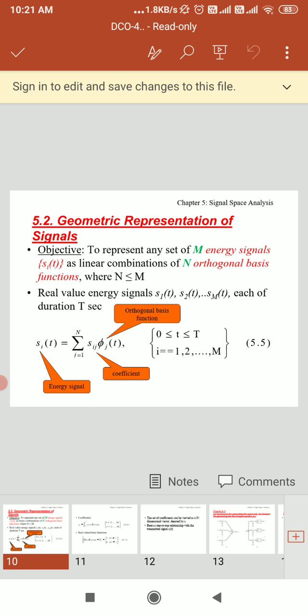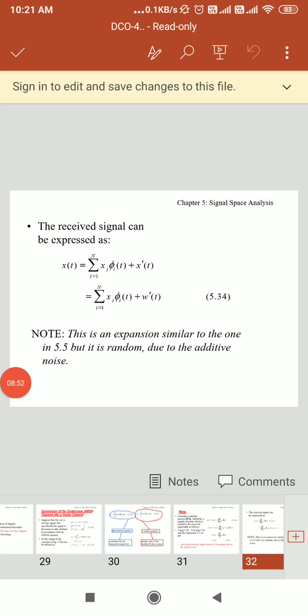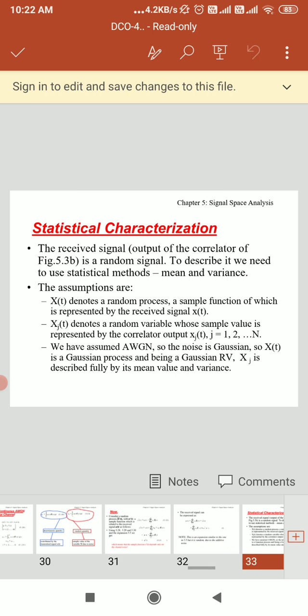So we get the same equation here, but it is random due to the additive noise, because here we get x of t equal to summation j equal to 1 to n xj phi j of t plus w'(t). Now we are supposed to study the statistical characterization.